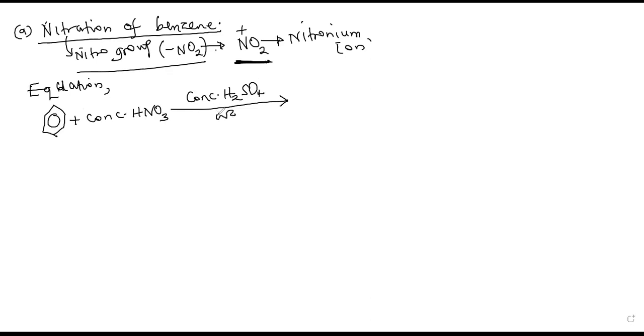By warming, we shall get our compound referred to as nitrobenzene, and water. So this is what we are calling nitrobenzene, because sometimes they can say complete the equation and write the name of the product formed.